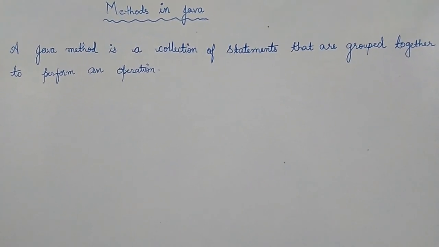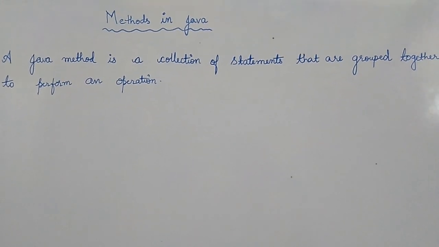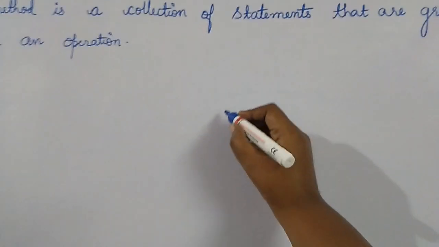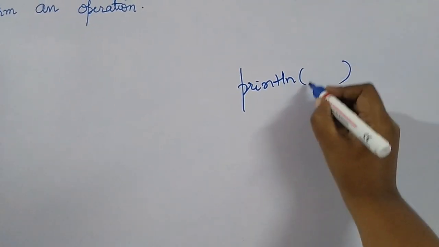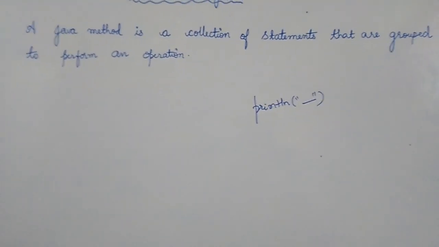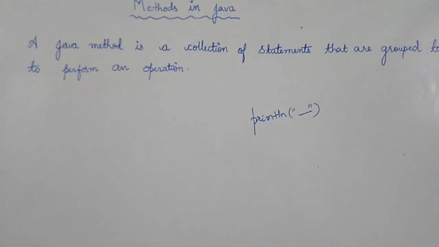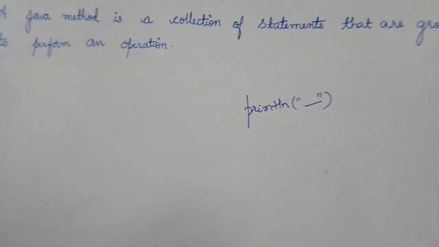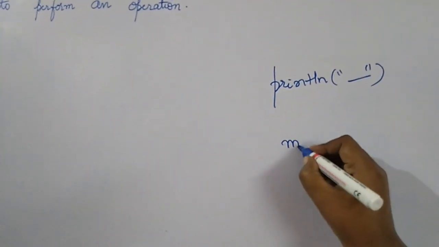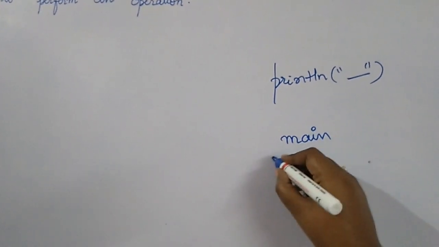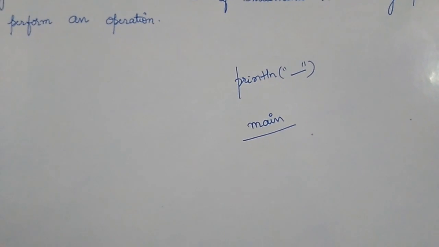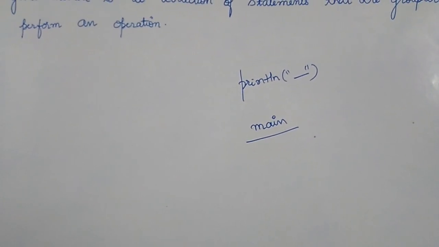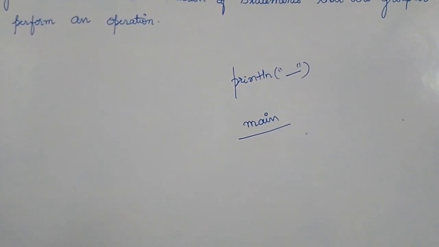We have already seen certain predefined methods in Java. One such example is println. println is a method which will print something on the console, whatever is given in between the double quotes. So this is a predefined method we have already seen, and we also know one method which is the main method, but the main method has a predefined prototype signature in the JVM, so there is a strict restriction on the prototype.